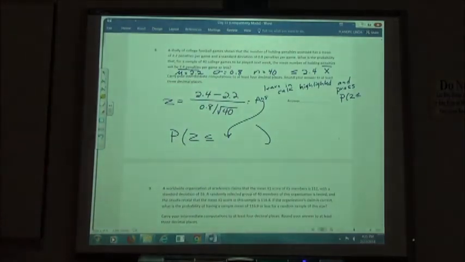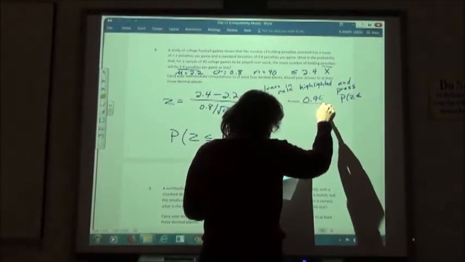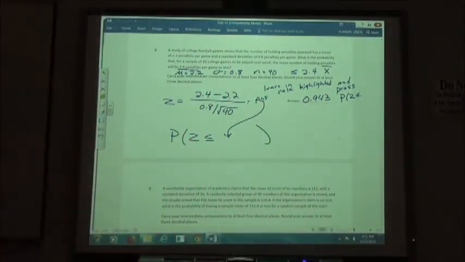I'm adding some notes there. Once you find your number, leave it in your calculator. It should be highlighted. Then press the P of Z is less than or equal to. It should put that number in there. That number should be something like 1.5811 something or other. Oh, you already did it, because now you got your final answer. Your final answer to 3 decimal places was 0.943, exactly.